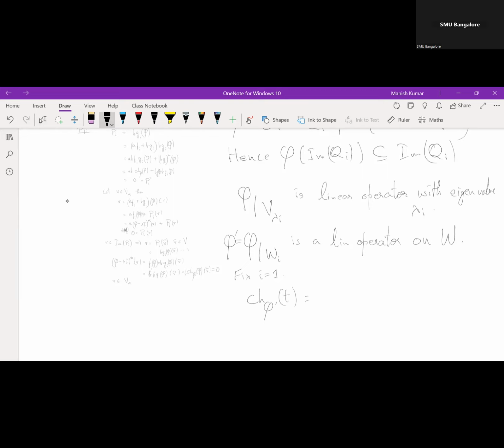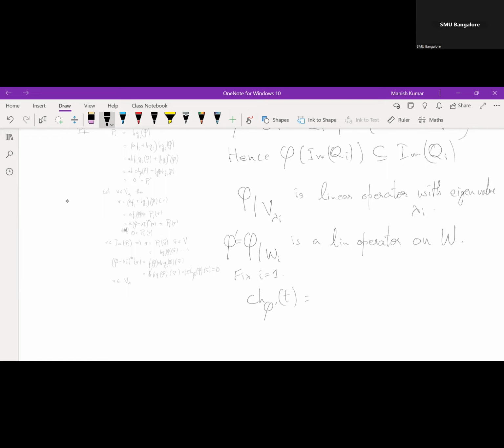If you think about phi as a linear operator on the whole of V, we have decomposed it. There is still some work to do.